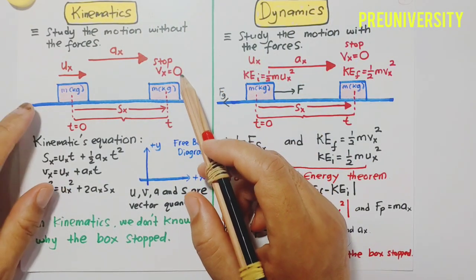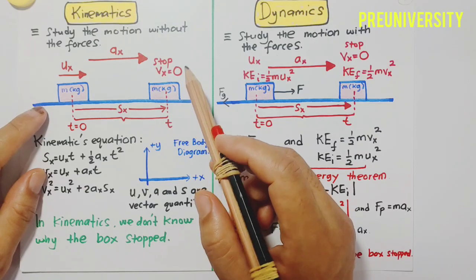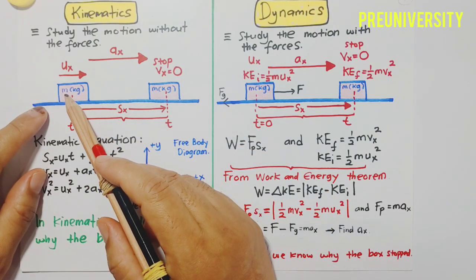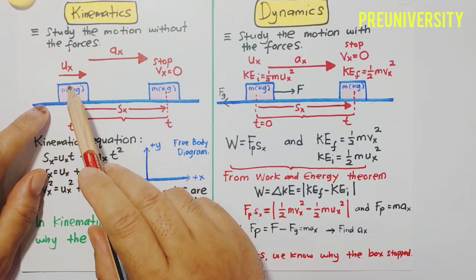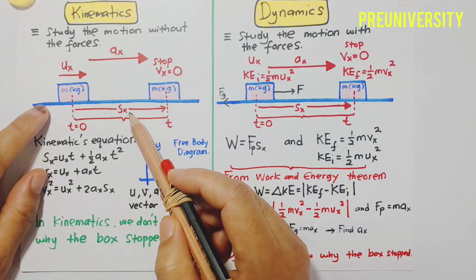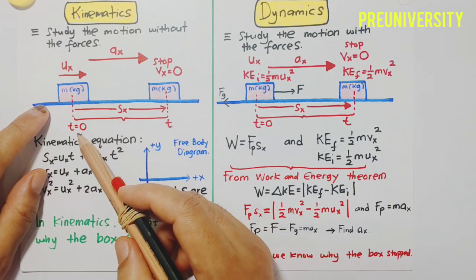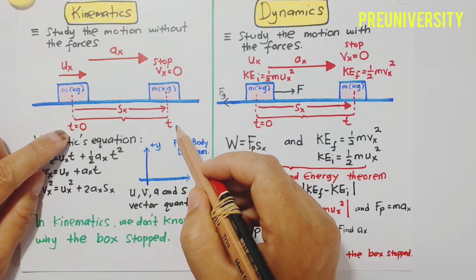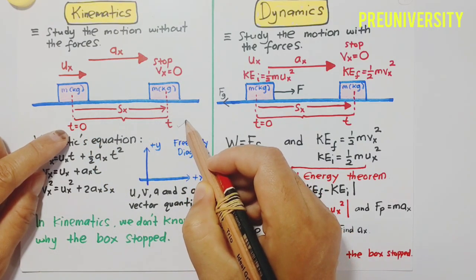Okay, so if we focus on the diagram, we have the object with mass M, and the object moves from here to here, so it makes a displacement x, and the time taken is from t0 to t.